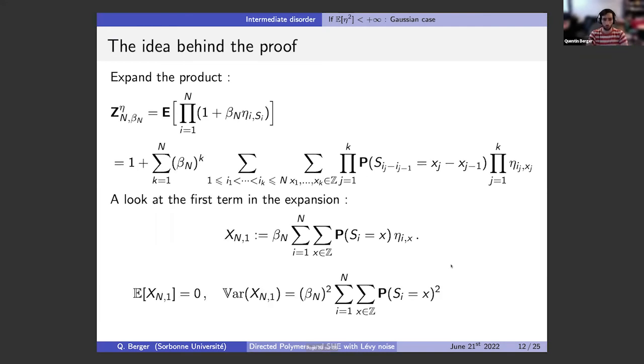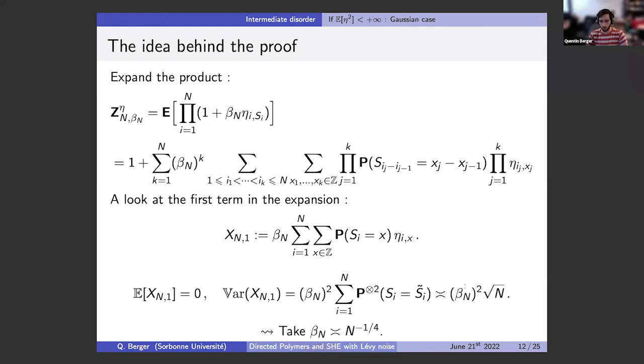and do a second moment calculation. I'm going a bit fast, but it's just a standard calculation. You'll see that it's centered, and the variance is beta n squared times the mean number of intersections between two independent simple random walks, which is of order square root of n.